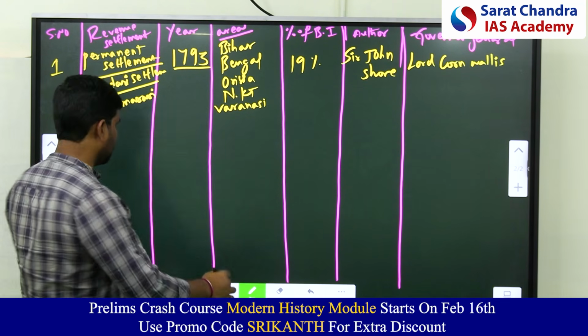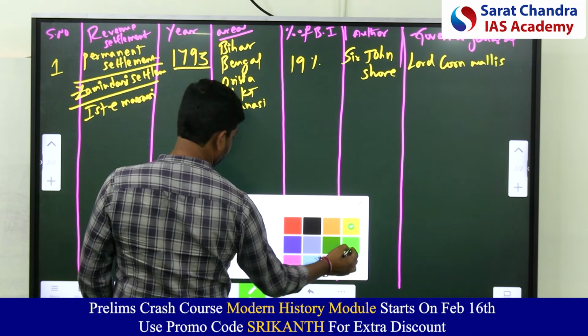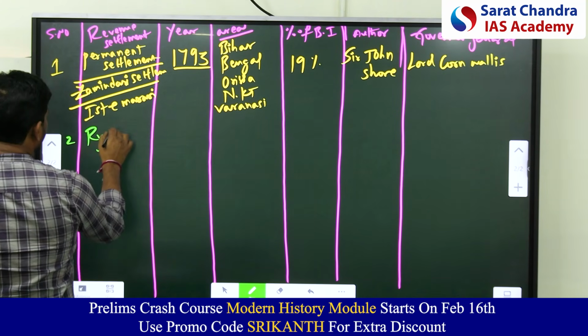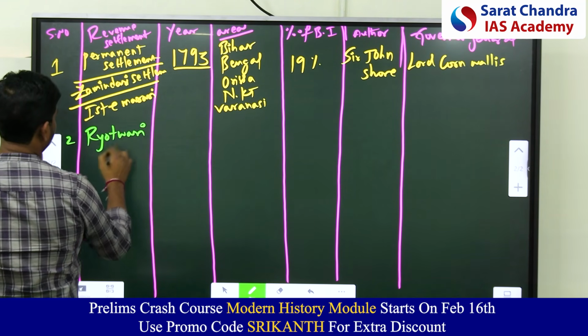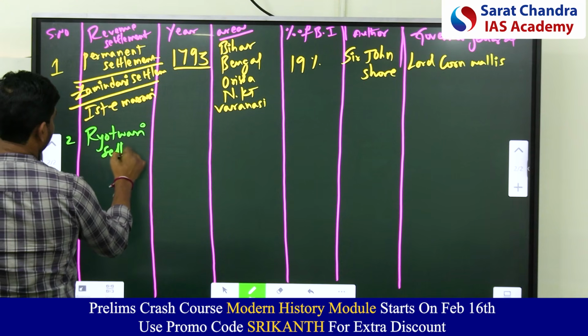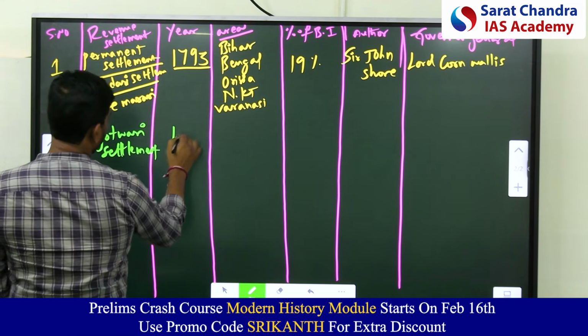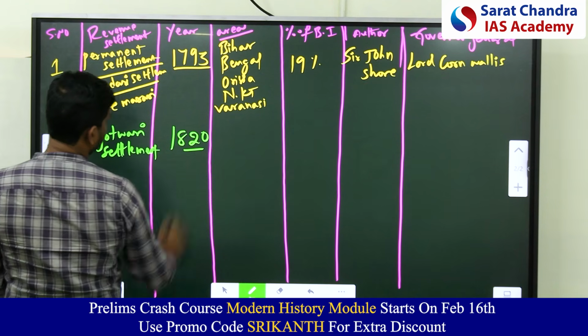The second revenue settlement is the Ryotwari Settlement, introduced in the year 1820.